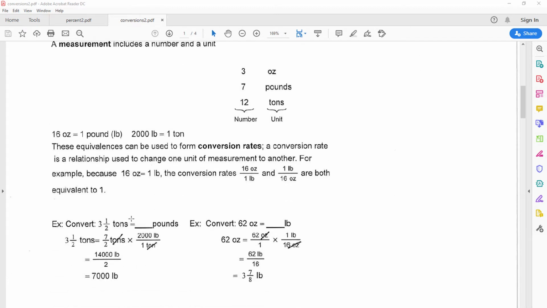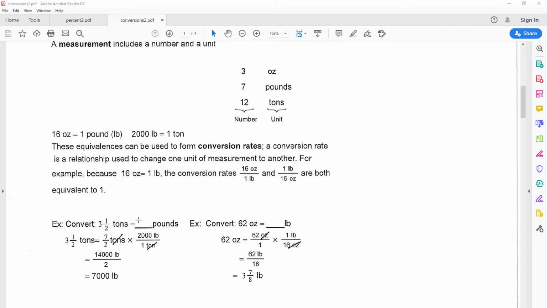In the first example here, we have 3 1/2 tons is equal to so many pounds. So the first thing I do is I change that mixed number to an improper fraction. 3 times 2 is 6 plus 1 is 7, so I have 7/2 tons. And I want to know how many pounds that is equal to. I want tons to go away, so I put that in the bottom so it cancels out, and I want to replace it with pounds.